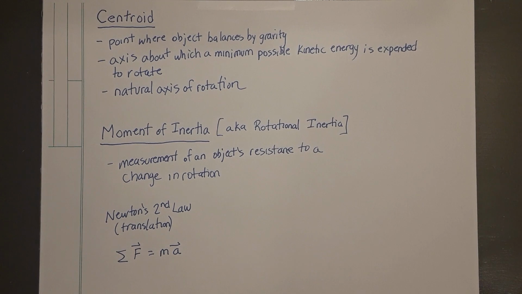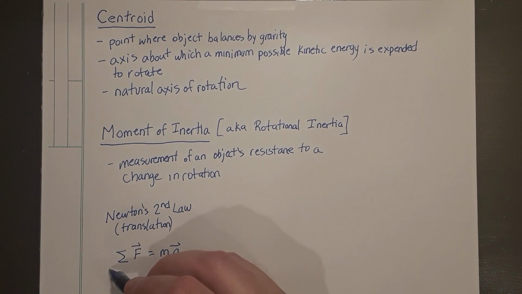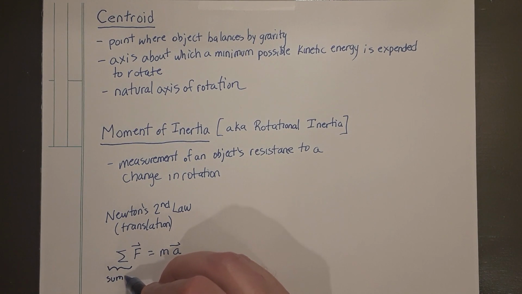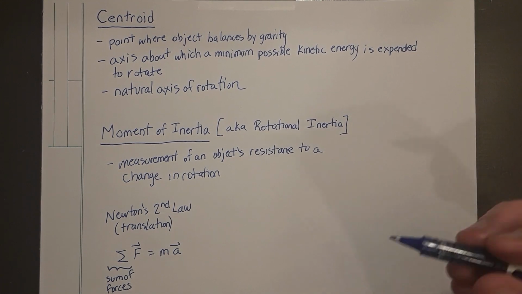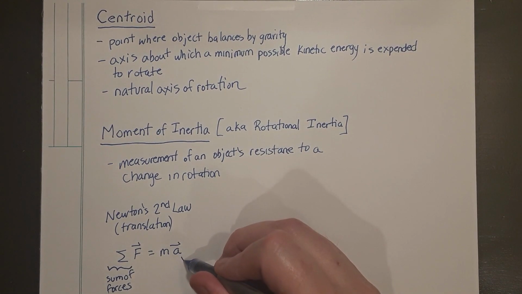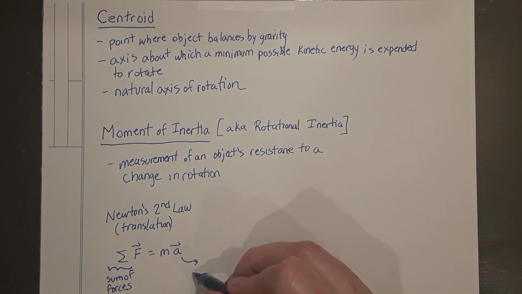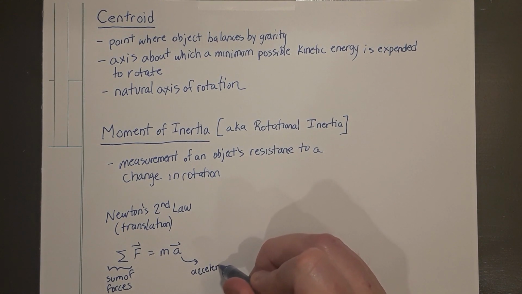In Newton's second law for translation, the way that you analyze this question is you do the sum of the forces, the sum of the force vectors on one side of the equation, and on the other side of the equation, you have what resulting motion the object exhibits. So A vector, that is the acceleration that results.